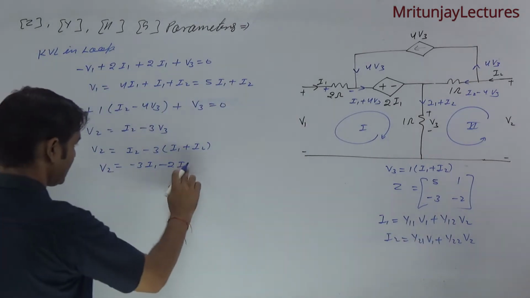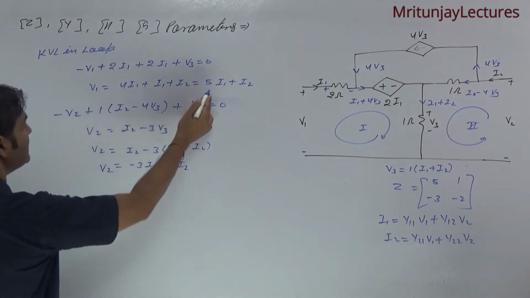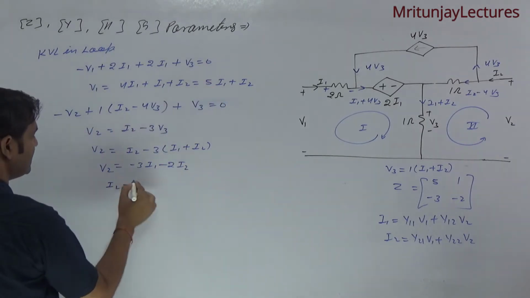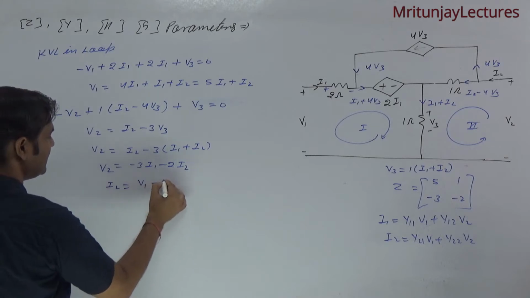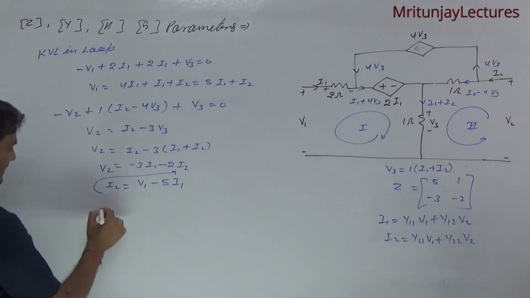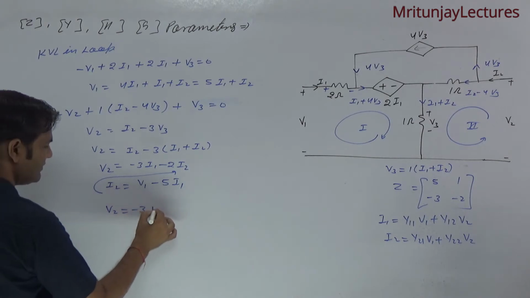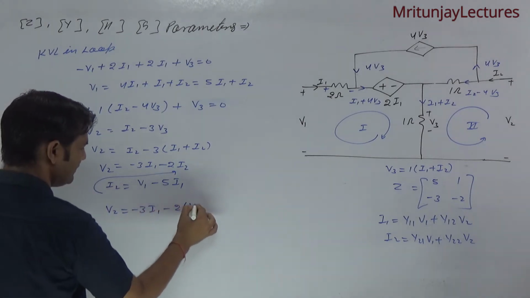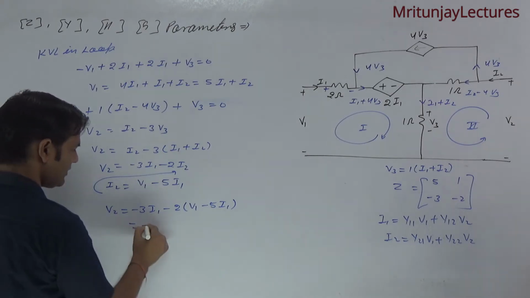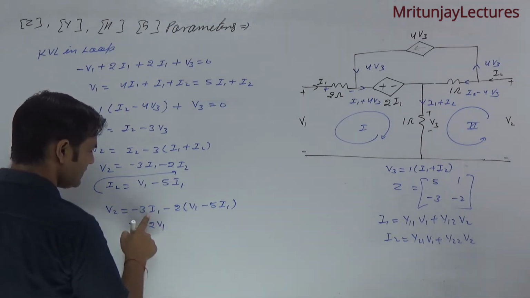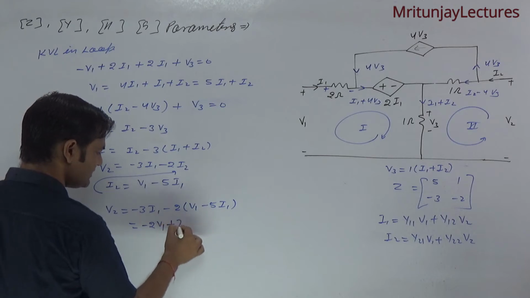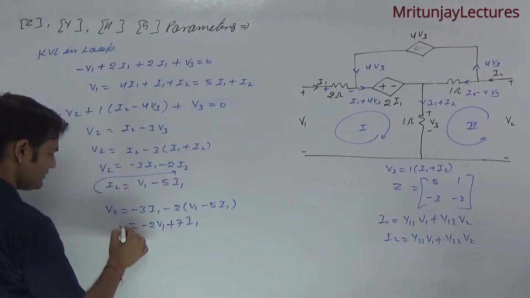From here, V1 minus 5I1. If this value is put here, then V2 is equal to minus 3I1 minus 2(V1 minus 5I1). So minus 2V1 plus 10 minus 3, that is 7I1, that is V2.